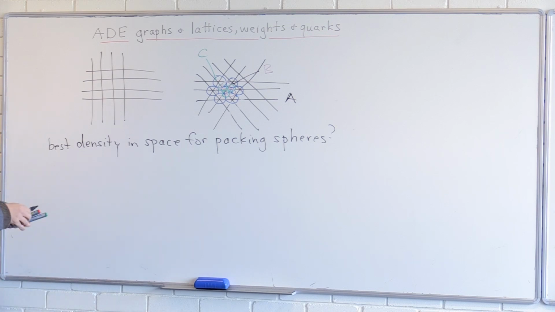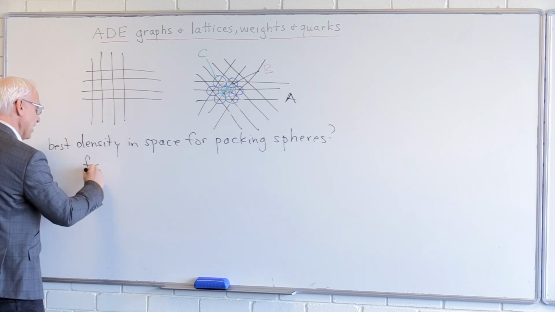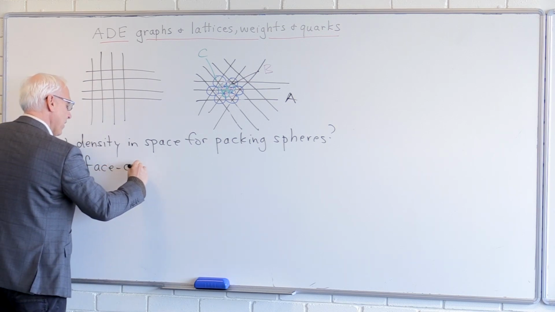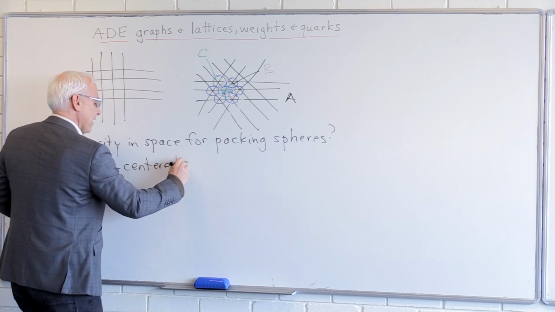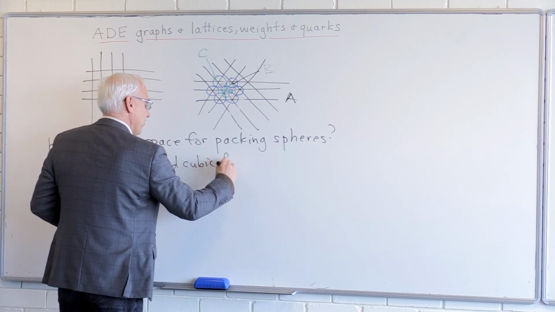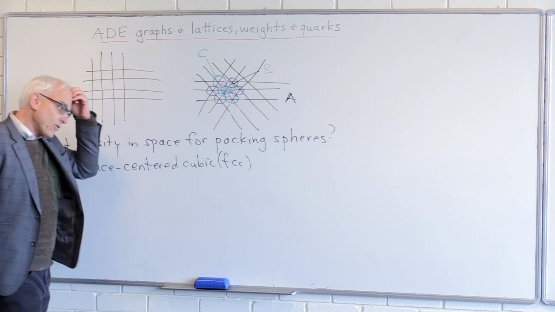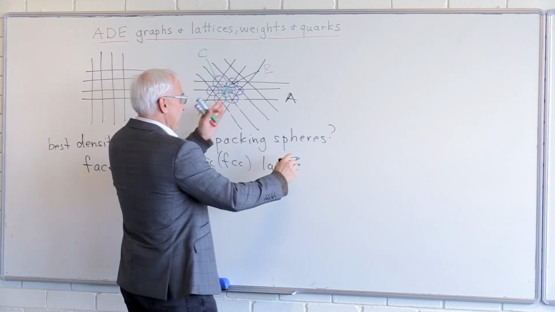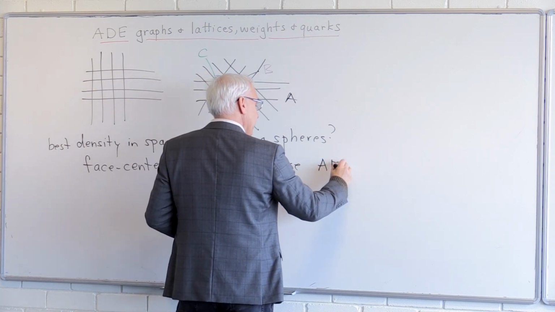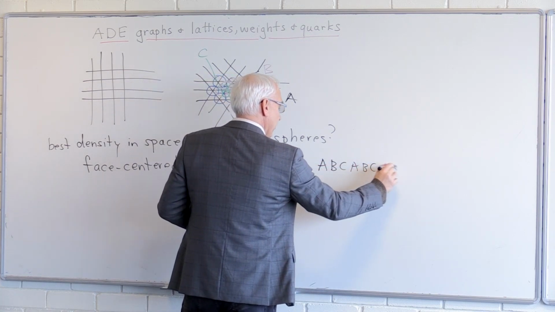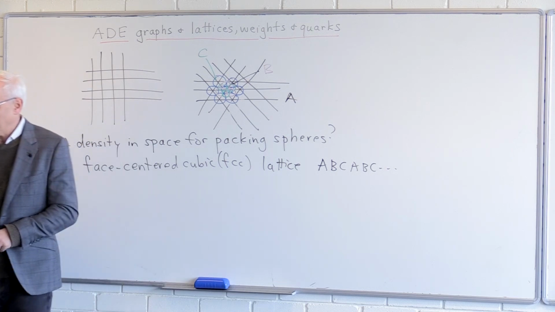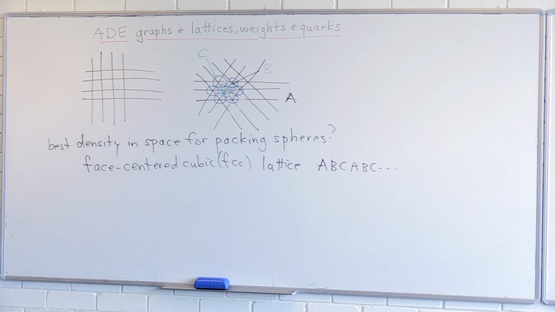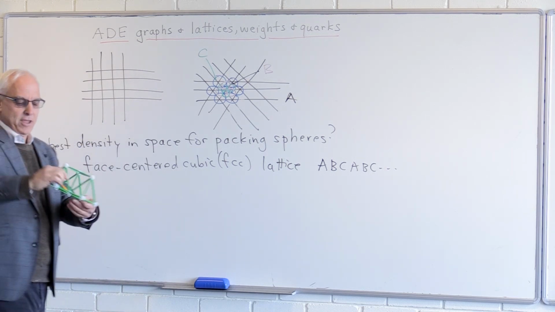Then you get the so-called face-centered cubic lattice, or FCC, chemists use, by alternating A, B, C, A, B, C, etc. And then this is the lattice that we can think of visualized this way here.